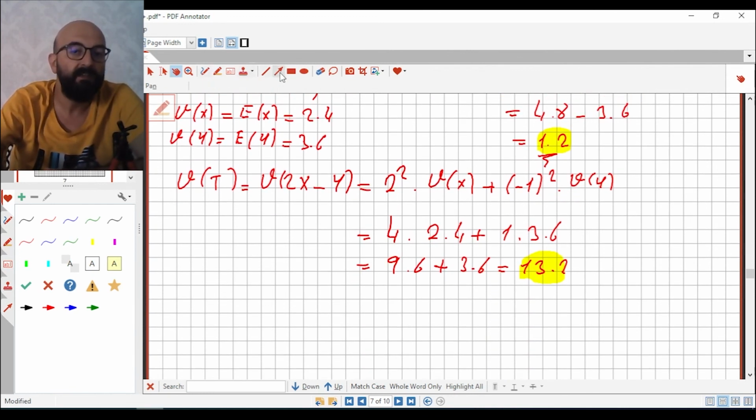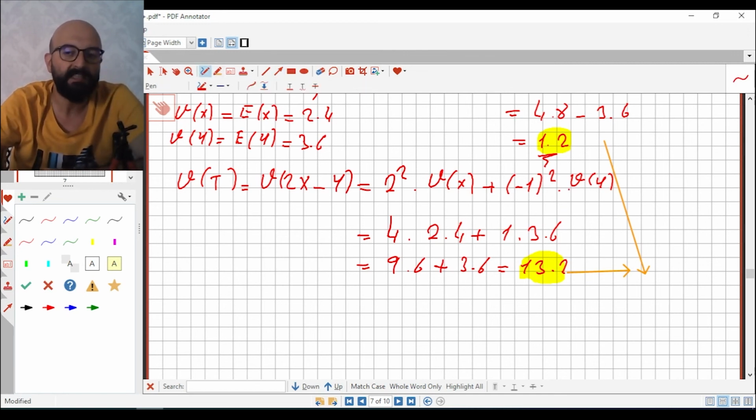But if t were a Poisson distribution, the variance and expectation should be the same.